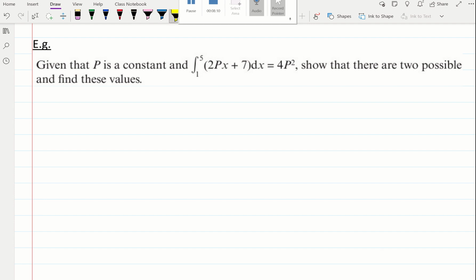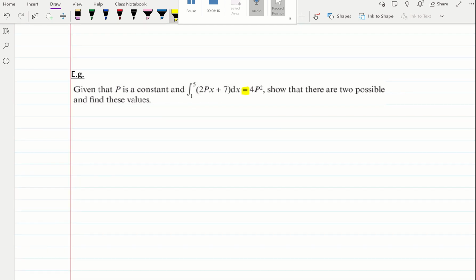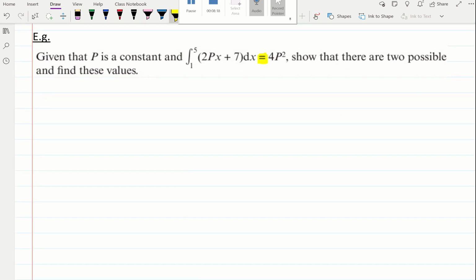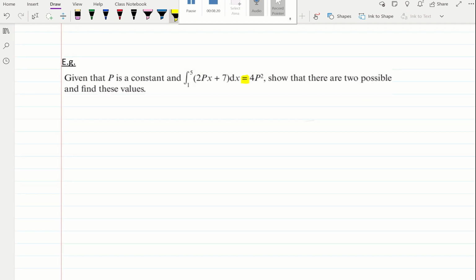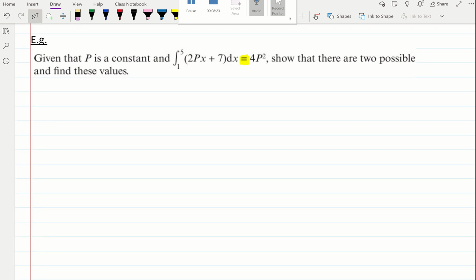So that's an equation. They've given you an equation. Show that there are two possible values for p, and find these values.